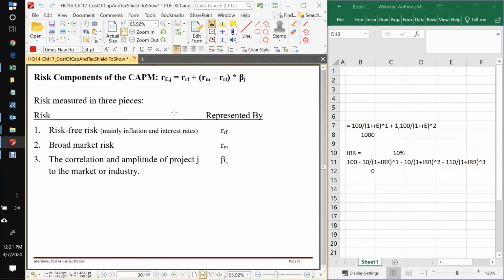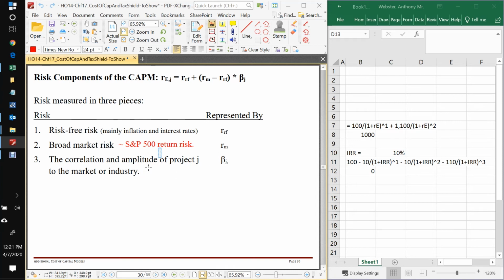Okay, so let's think carefully about our risk components in our CAPM model. So what risks do we have? We have risk-free risk measured by RRF. We have broad market risk, something like S&P 500 return risk. So that would be the equivalent of, what's our risk return going to be if we buy the Spiders to represent the S&P 500? That's represented by RM.